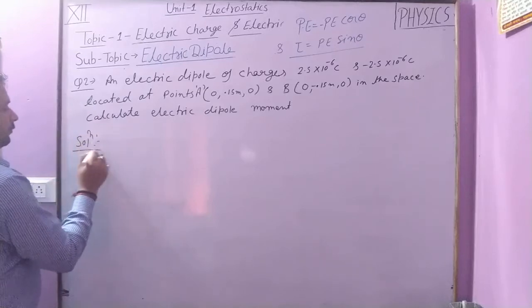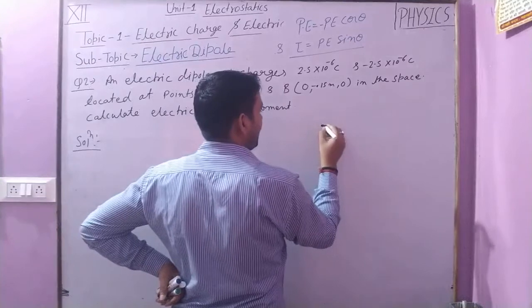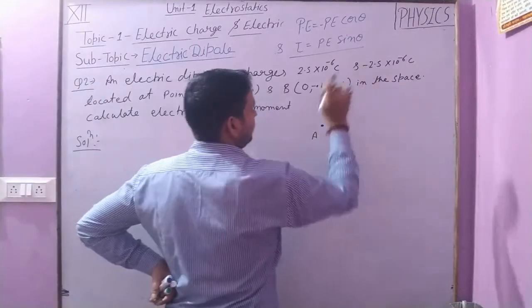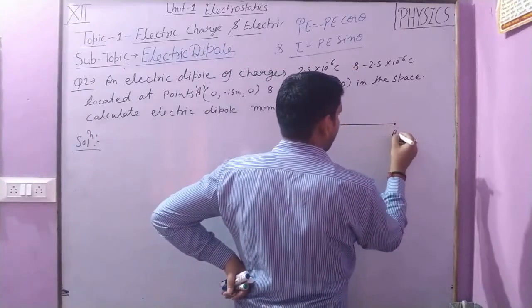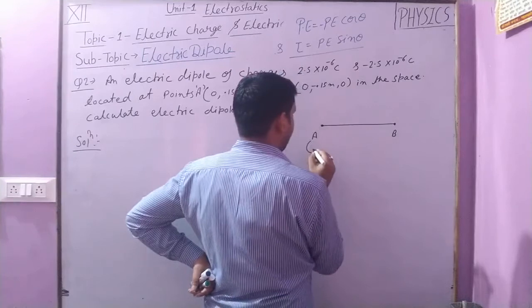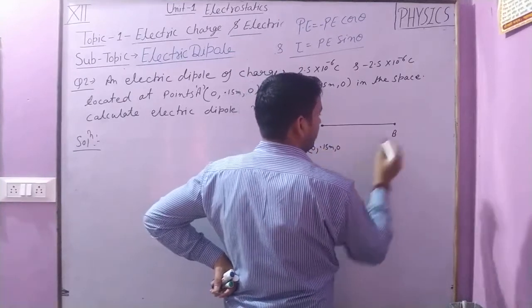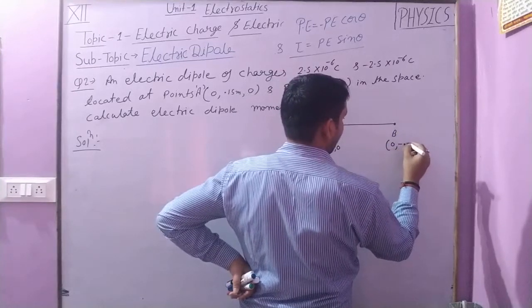Student, for solving this kind of question, we have two charges, positive and negative, located at points A and B, having coordinates (0, 0.15 meter, 0) and (0, minus 0.15 meter, 0).